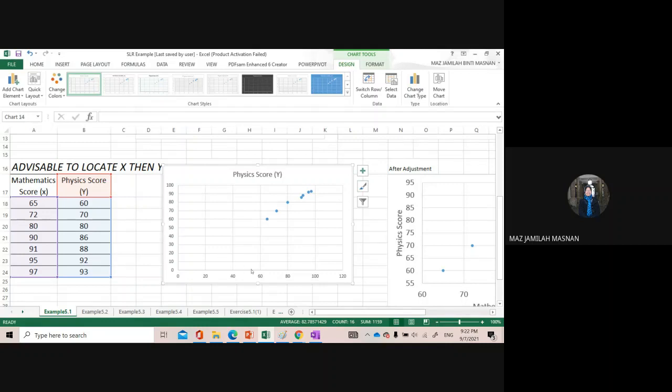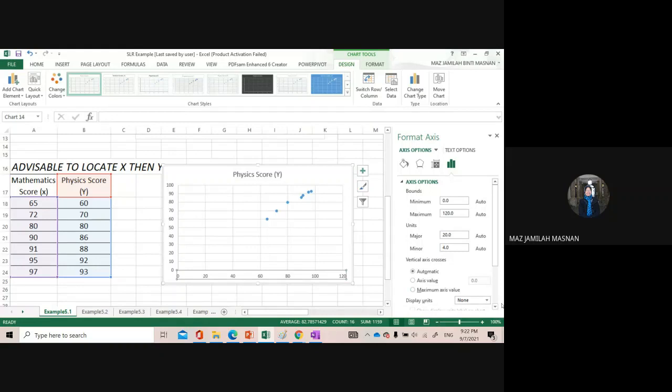So what you can do is adjust the vertical and horizontal setting. Go to Axis. If I'm too fast, let me know. Go to Axis, click the bar and then click more options. Then you will have the axis options, bounds. Bounds refers to the axis of the line.